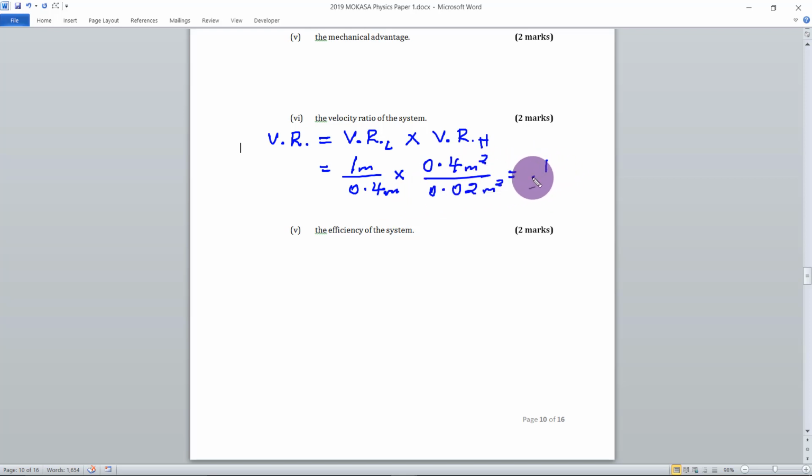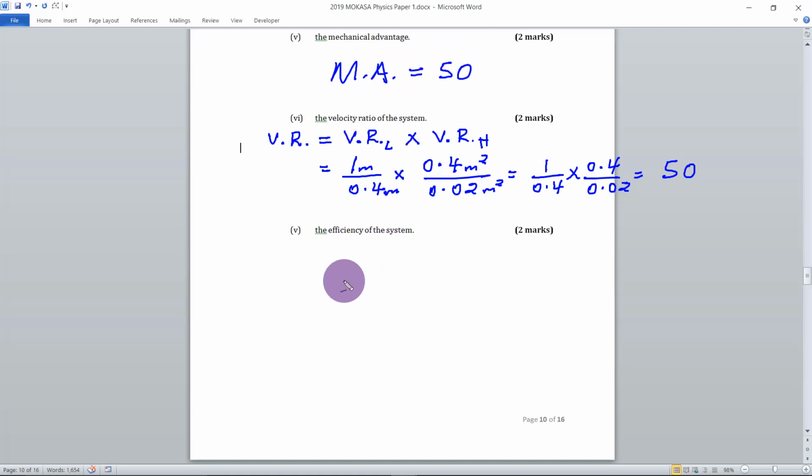So we have 1 over 0.4 times 0.4 over 0.02, and this again gives us 50. Remember our mechanical advantage, we had worked it out to be 50.